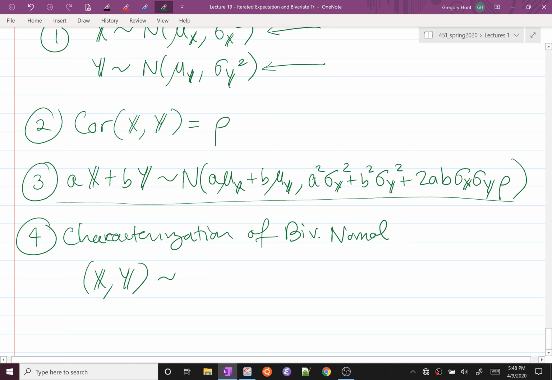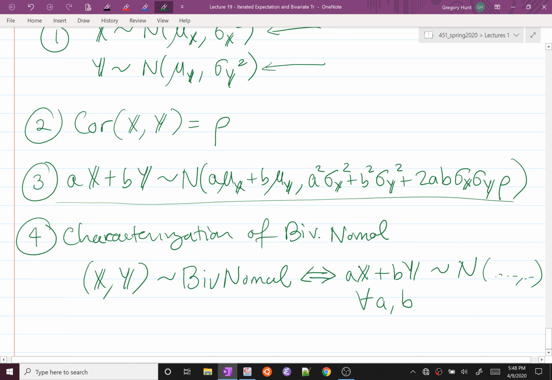We could say x and y has some bivariate normal distribution if and only if ax plus by has some normal distribution with whatever parameters for all possible values of a and b. So one way to define the bivariate normal is give me the PDF, as I did above. The other would be to say, if every linear combination of the two random variables is normal, that is the same thing as saying they're bivariate normal.